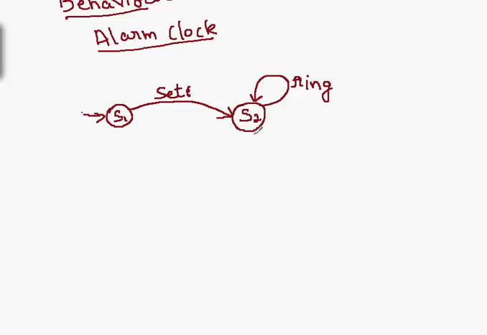For this action there is a transition, and after it rings I switch the alarm off. These are the actions and these are the states. Here the alarm is off and here the alarm is on. So this is a simple transition diagram which depicts the behavior of an alarm clock.